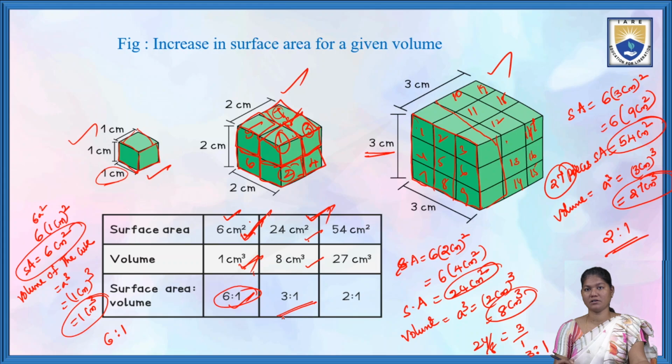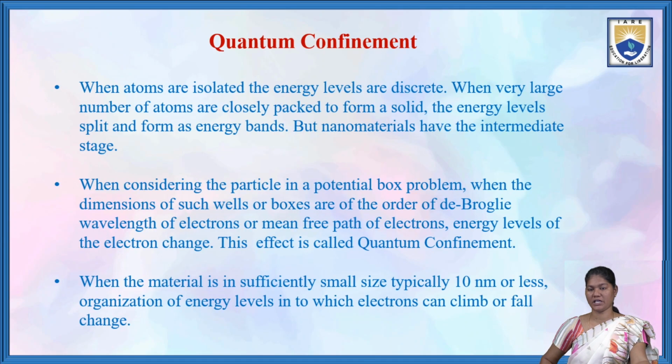The ratio is 3:1. And when it is again divided into 27 pieces, the surface area is 54 centimeter square and volume is 27 centimeter cube, so that is equal to 2:1 surface area to volume ratio.